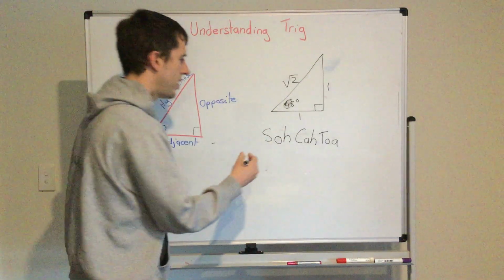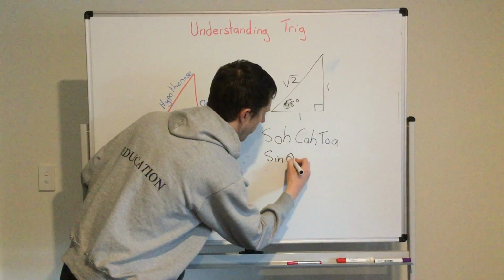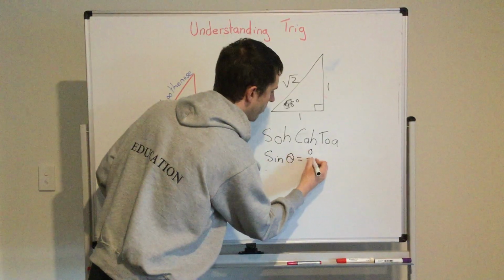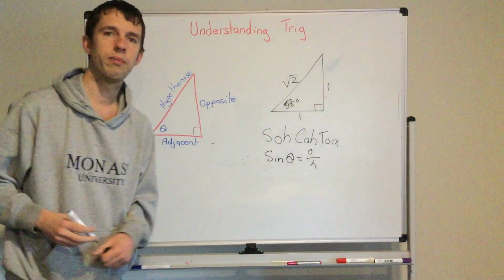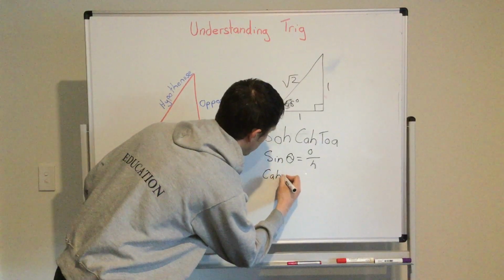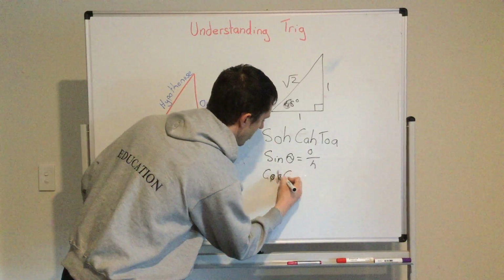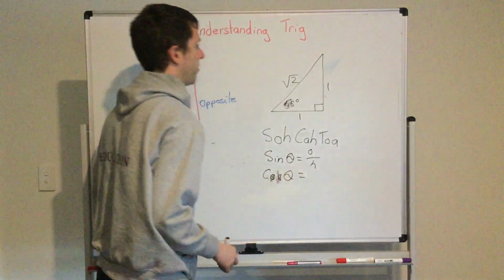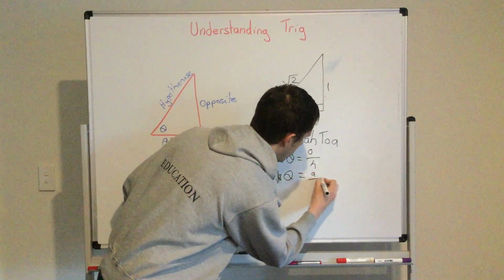So SOH is sine alpha equals opposite over hypotenuse. CAH is cos alpha equals adjacent over hypotenuse.